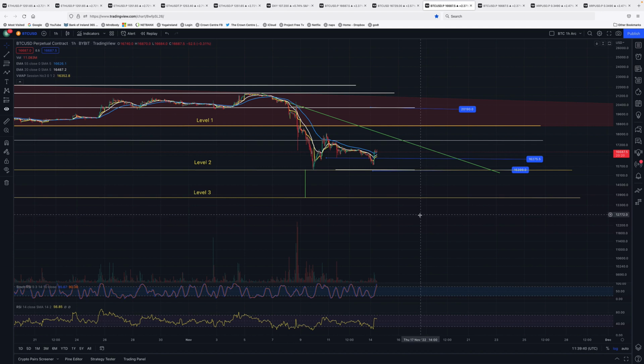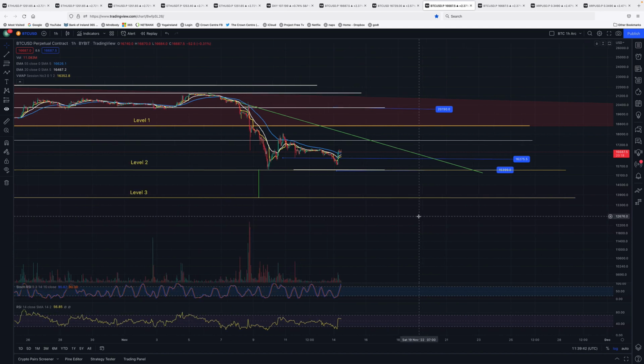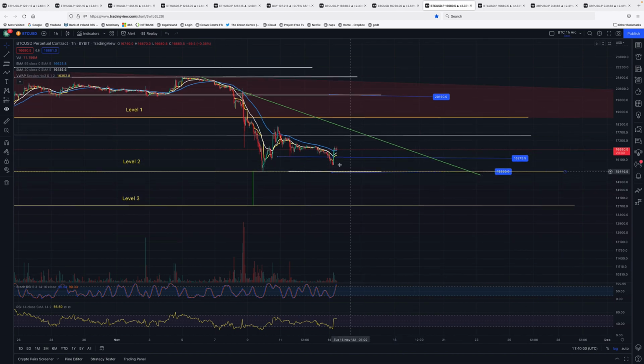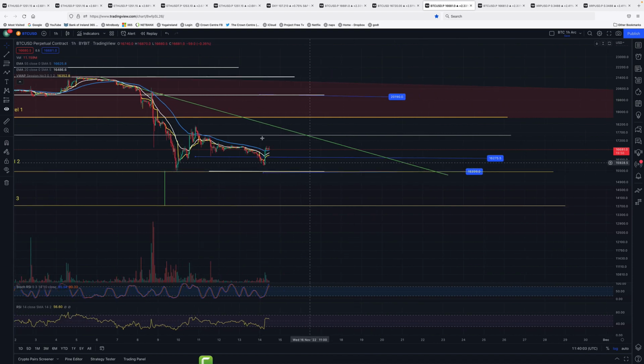We've tested 3 times the 20 MA on the 4 hour. Generally, it takes 3 tries, and after the third rejection, it consolidates, and the 4th time it breaks it. So I believe that right now we're about to come down and find a double bottom situation somewhere around here, and then head up for Mountain Peak.